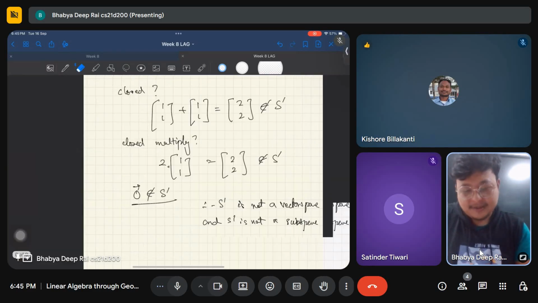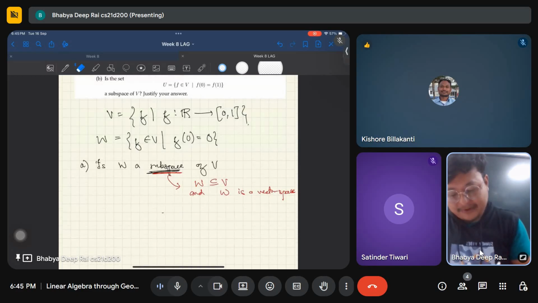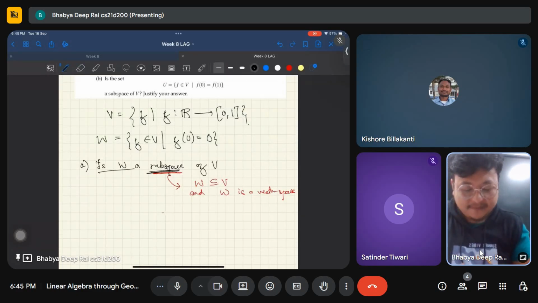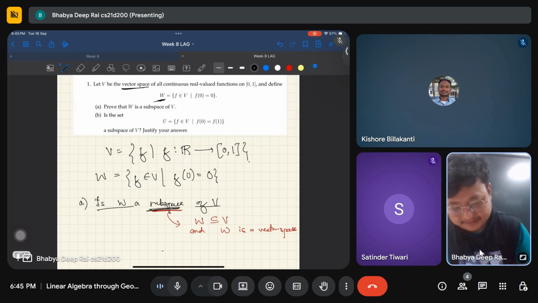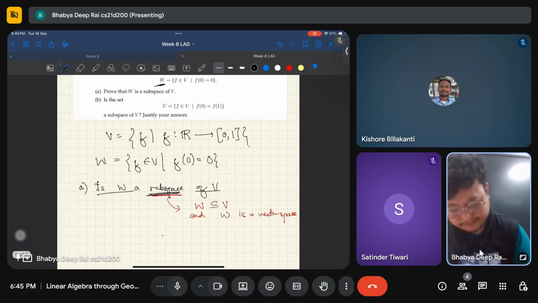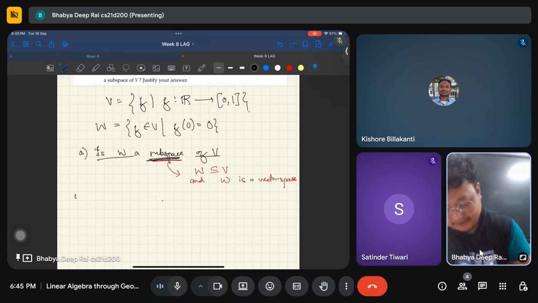Okay, great. So now we are asking: is W a subspace of V? Now we'll check that. To prove that W is a subspace of V, we need to check all the properties, like closure under addition.